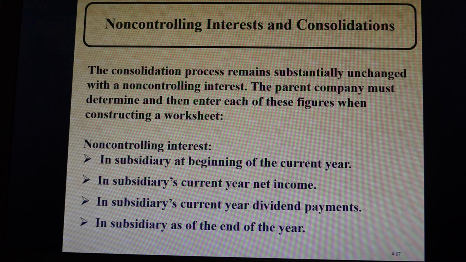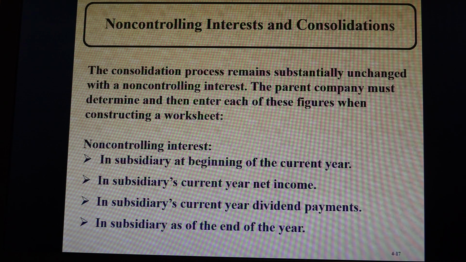You're going to, in that column, list the subsidiary's current year net income for the non-controlling interest. In that column, you're going to list the non-controlling interest's current year dividend payments, their portion.